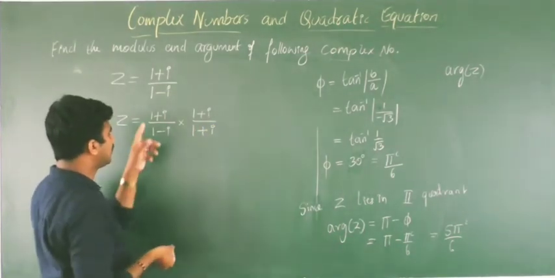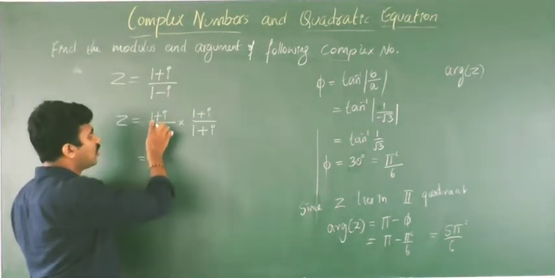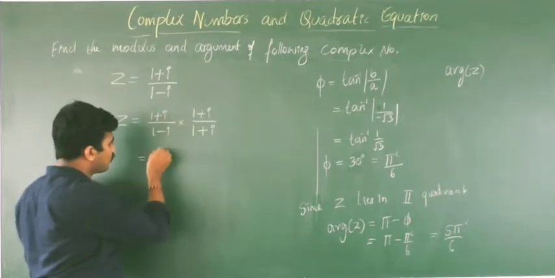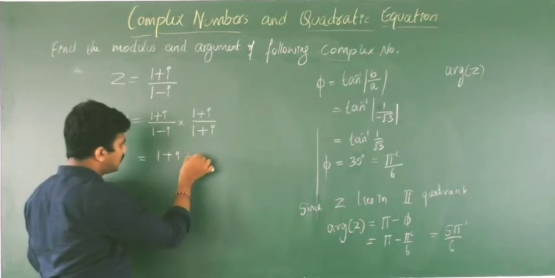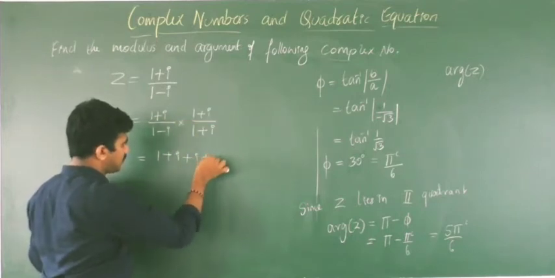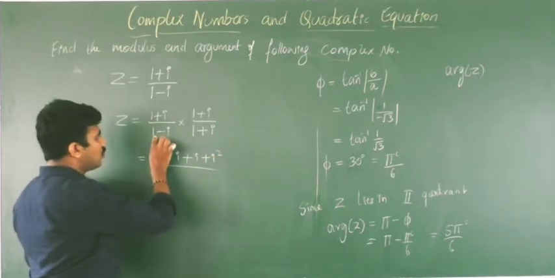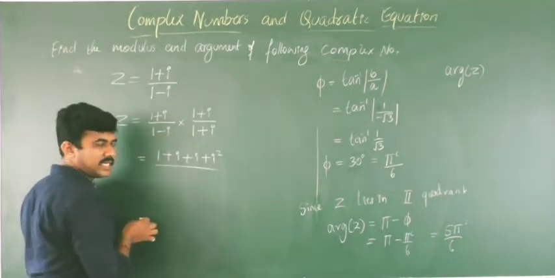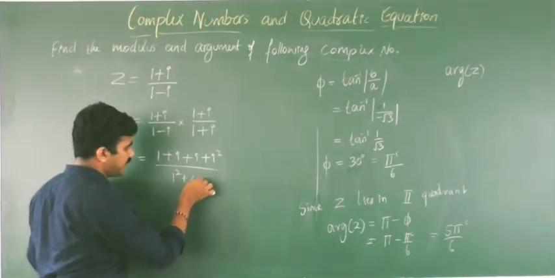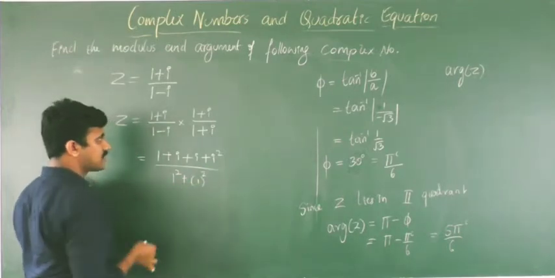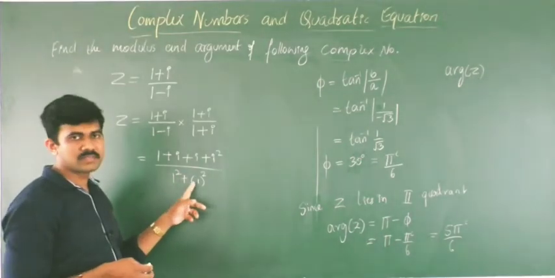See the numerator 1 plus I into 1 plus I, 1 plus I whole square, or else multiply each terms, 1 into 1 is 1, 1 into I, I into 1, I into I is I square, divided by 1 minus I into 1 plus I is nothing but 1 square plus 1 square, a square plus b square.